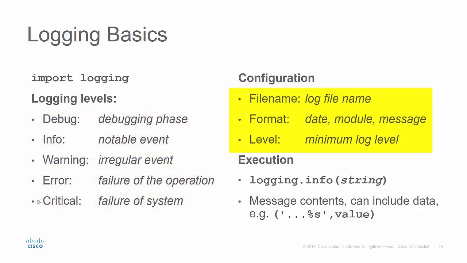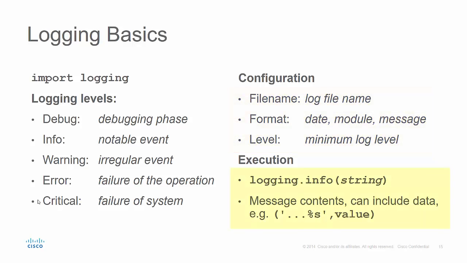When you configure your logging, you will provide a file name into which the logging messages will be placed. You will create a format for your log messages, which can include the date, the module which is logging the information, and the message that you want to provide. You will also provide the logging level. So if it is an informational log message, you will provide that information.